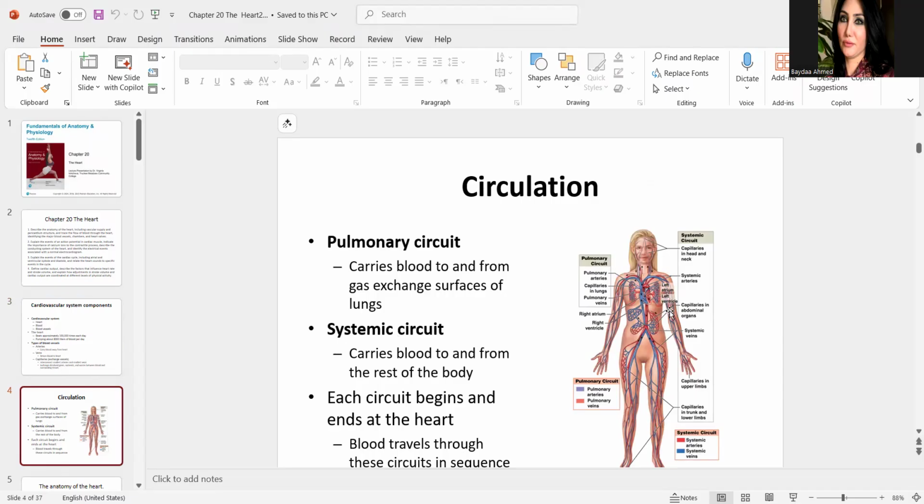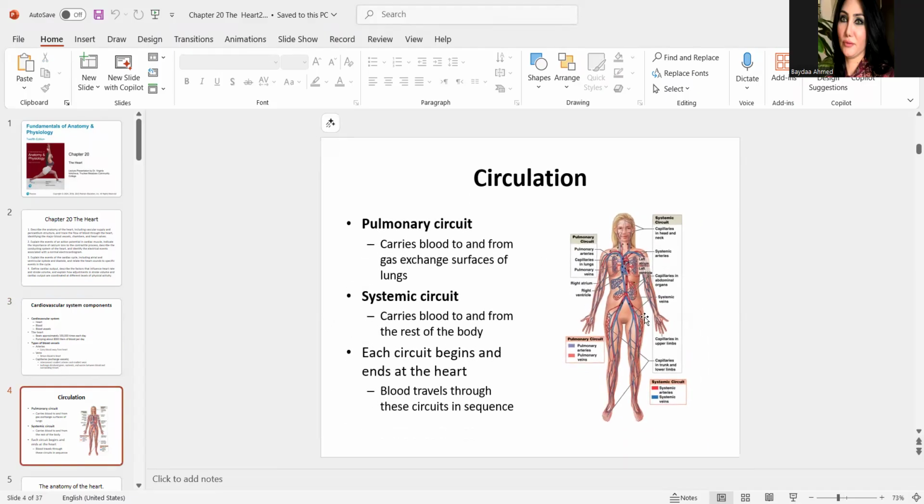So the cardiovascular system consists of the heart and blood vessels, and in the cardiovascular system, blood flows through a network of blood vessels that extend between the heart and peripheral tissues.